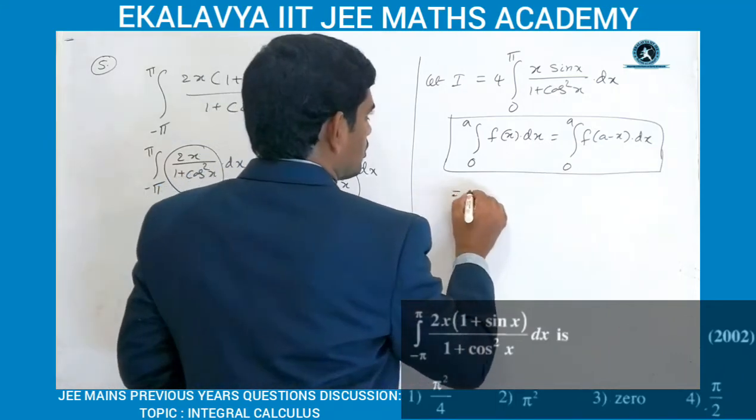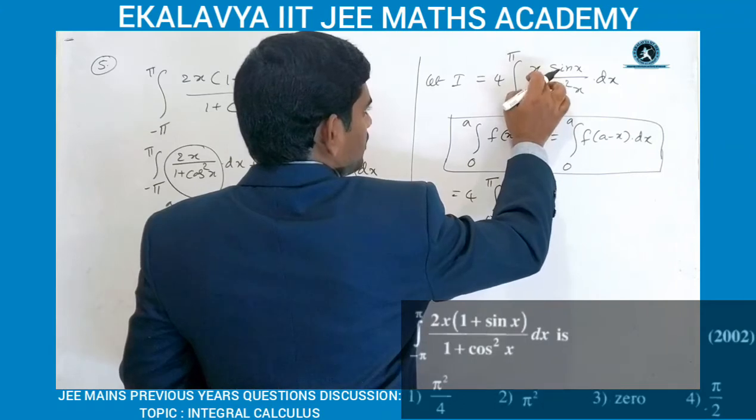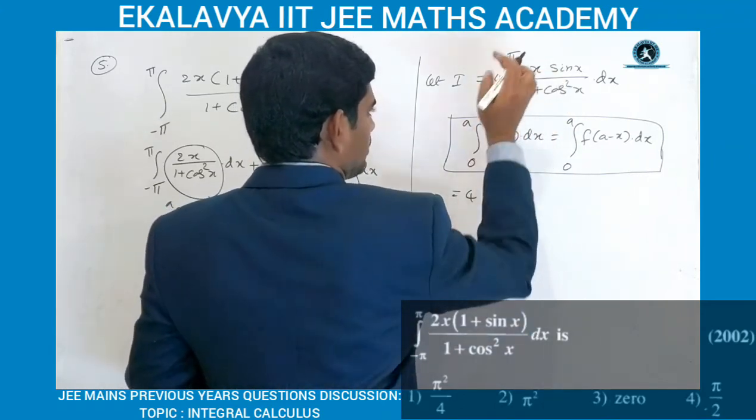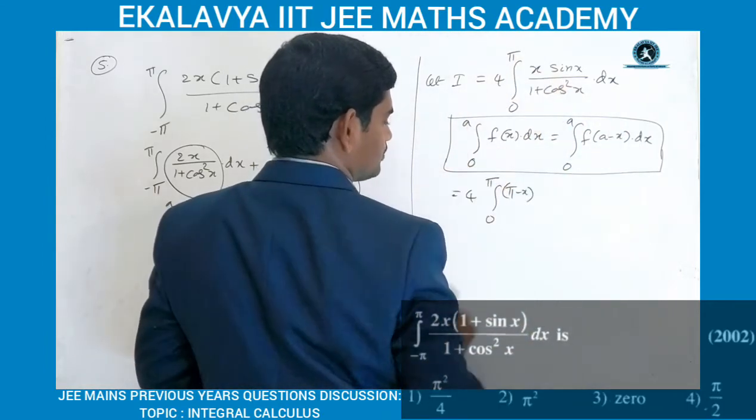Now in the place of x we can replace pi minus x. Why? Because the value of a is pi, so a minus x. So here we need to substitute pi minus x.